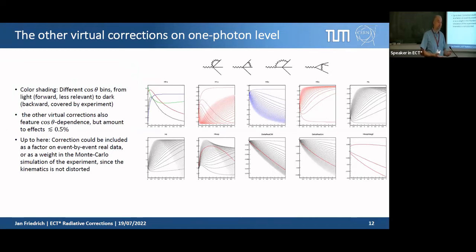The cleanest way is to apply it on an event by event basis, to calculate it for each kinematics that you have, and then look at the overall effect. This is the cleanest way, and at least for the virtual corrections, this is how it works.